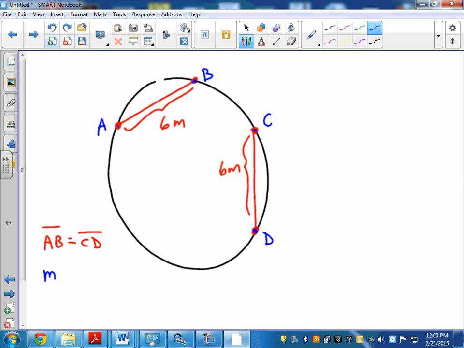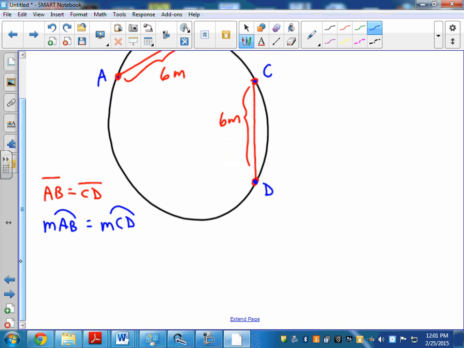So the measure of arc AB is the same as the measure of arc CD. And then the author just says, for simplicity, oftentimes we'll just call these equal arcs. So if the measures are the same, we'll just say AB is the same as CD. Okay, so that's theorem 61.